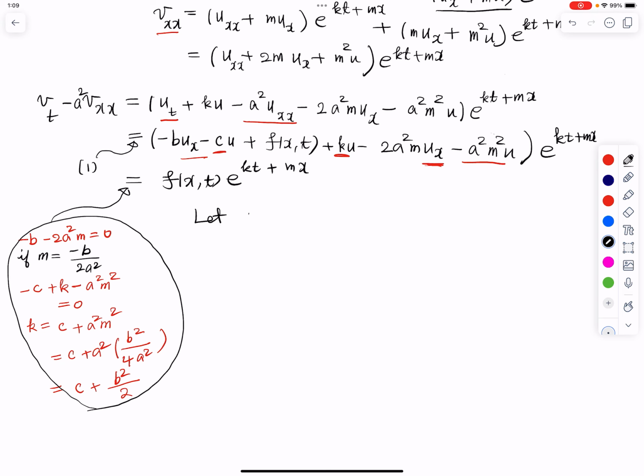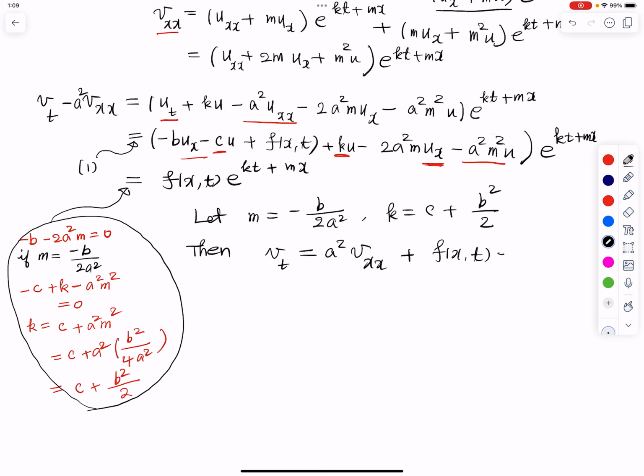If m equals minus b divided by 2a square, and k equals c plus a square m square, then we have vt equals a square vxx plus fxt exponential kt plus mx.